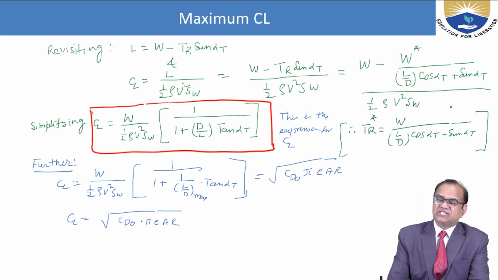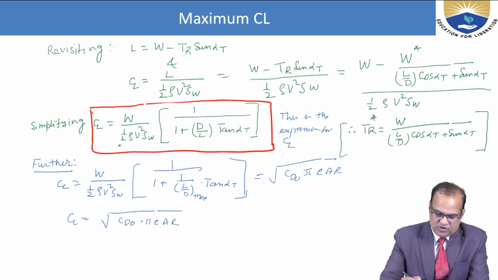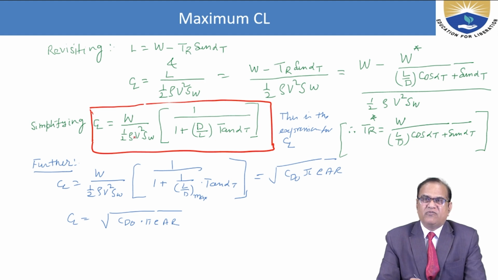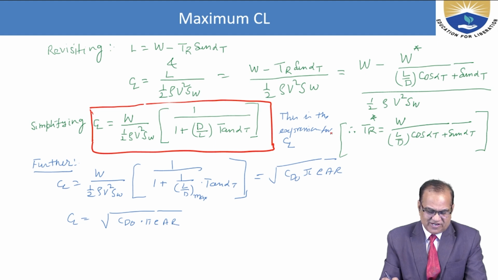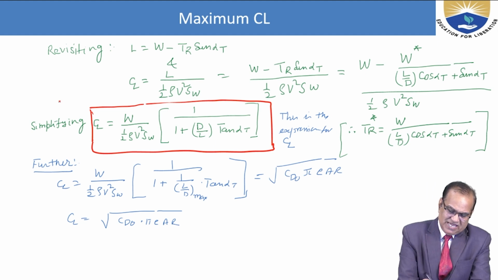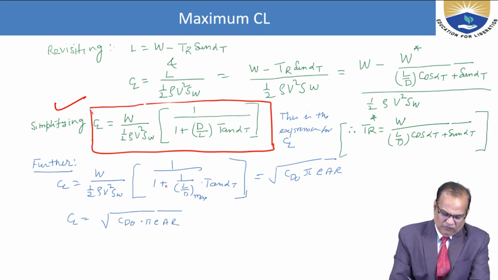Now simplifying this equation, we will get CL is equal to W by half rho V square S_W, 1 by 1 plus D by L tan alpha T. This is the final expression for the CL. So this is the expression which we have found out.